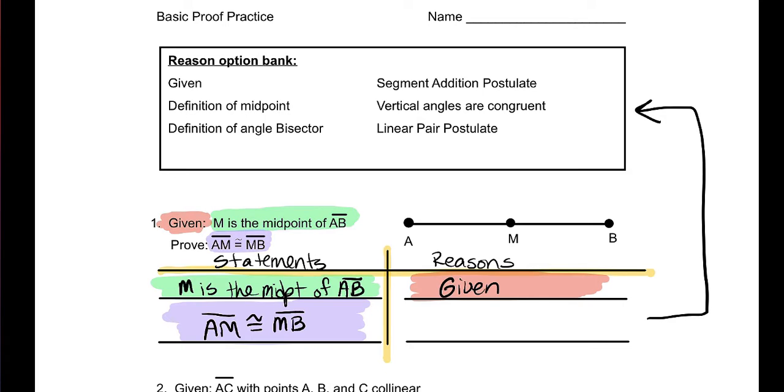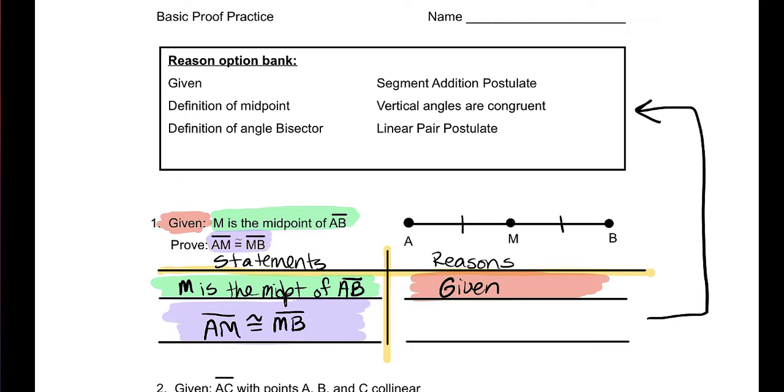The reason we're going to decide here is going to come from a combination of our image and our given information. If M is the midpoint, and if we look at this picture, we can see that we have a line segment. If M is the midpoint of it, then that breaks it into 2 congruent parts, because we know the definition of the word midpoint. And that is what the midpoint definition says.